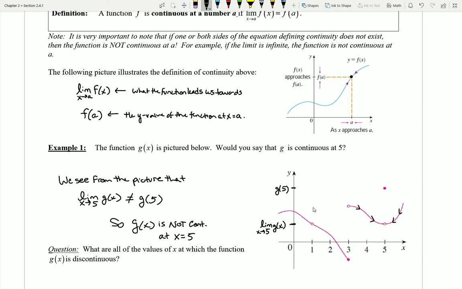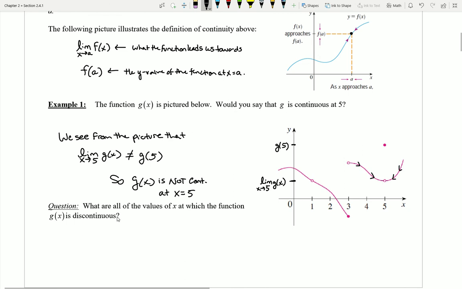So in this sort of way, we can get the sense that if continuous means that we need the path to actually lead us to where the actual dot or point for the graph is, we need those to match up, then we can see that pretty much any time our picture breaks apart into multiple pictures or separates, we're going to have a function that's not continuous.